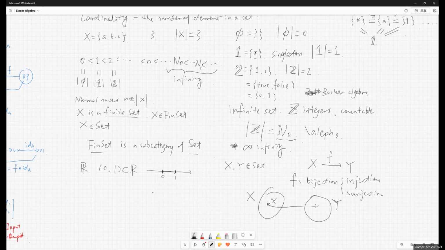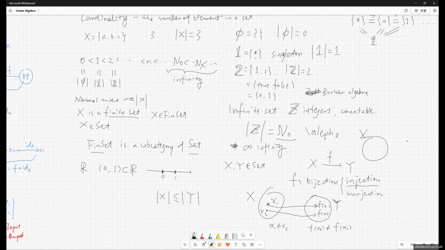It's obvious that only when the cardinality of X is less than or equal to the cardinality of Y can we make an injection to Y. And this map distinguishes different elements x1, x2: if x1 is not equal to x2, using the injection, this distinction can be reflected in the images of those two elements. This is the injection.